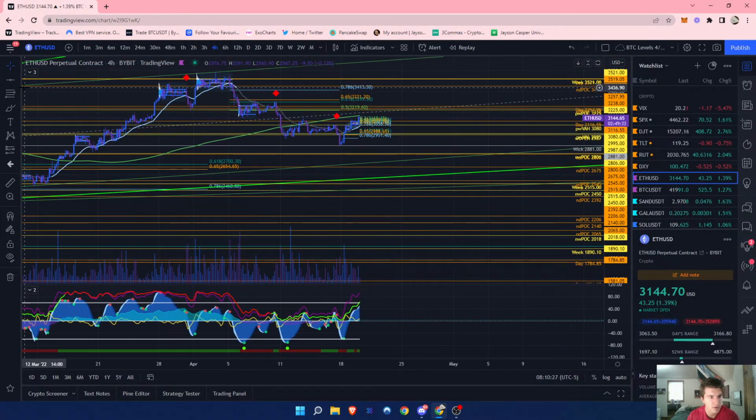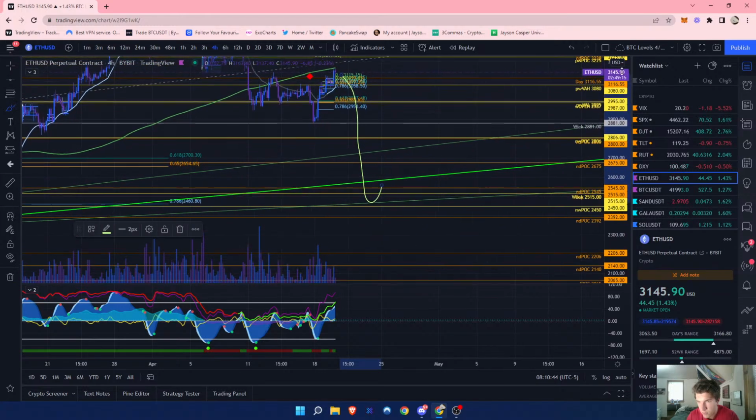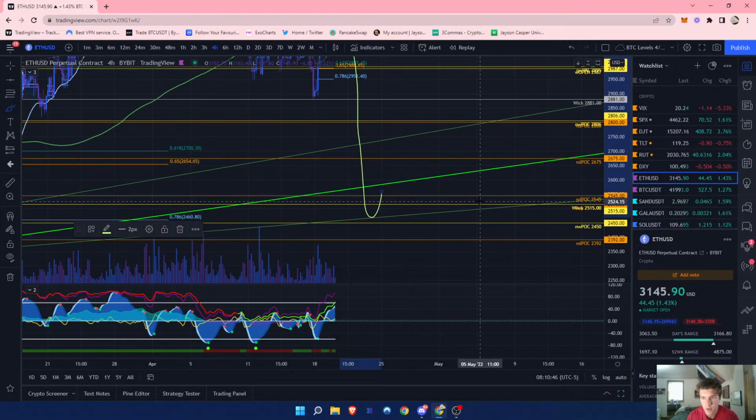And then a swing long would be, if we come down to this right here, 2460, as we have a naked daily point of control, weekly point of control, and it's the bottom of the parallel channel.